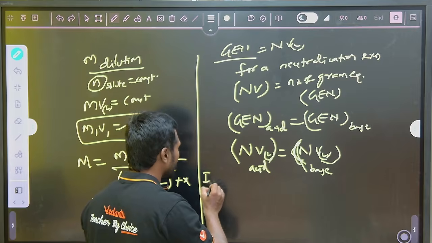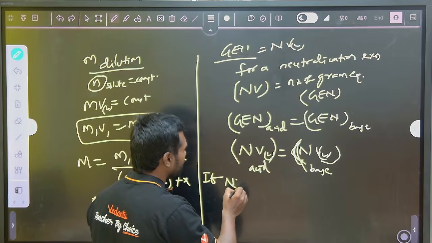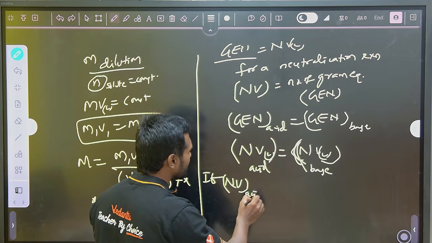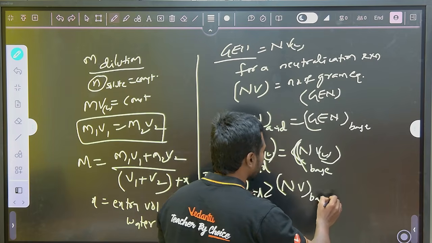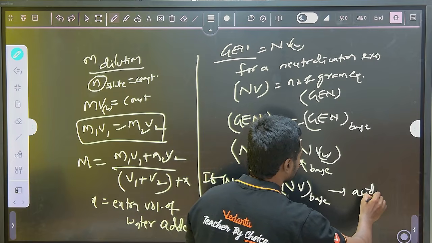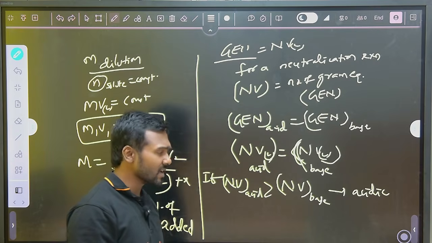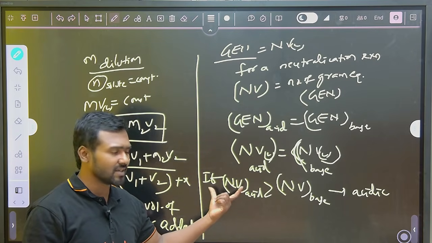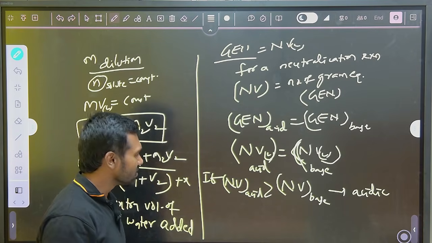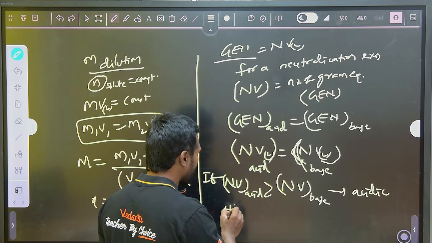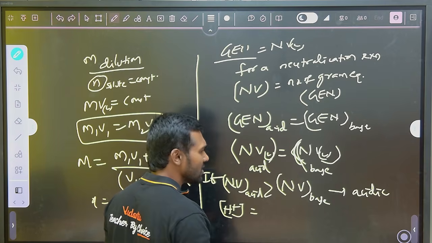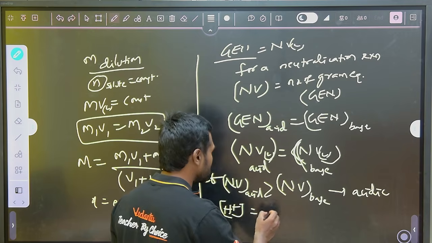If NV of the acid is greater than the number of gram equivalents of base, then the resultant solution is acidic, because the number of gram equivalents of acid is greater and base is less. Since it is an acidic solution, you have to find out the H plus ion concentration so that you can find the pH of the solution.